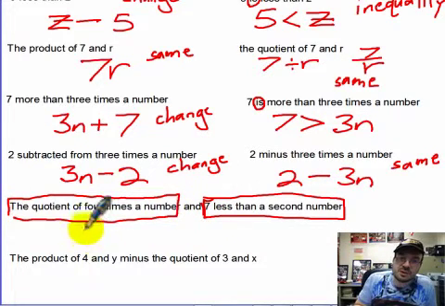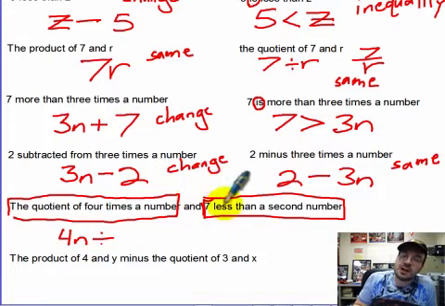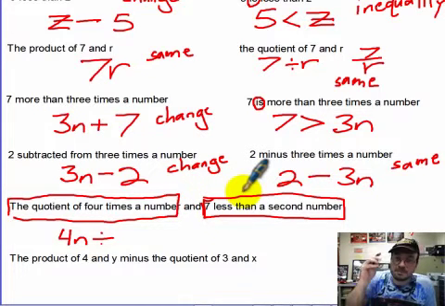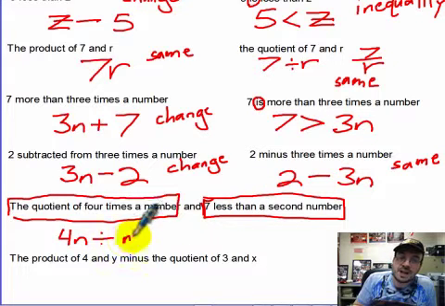So whatever these two things are, I'm going to divide them. So I'm going to put a division symbol. And it says the quotient of 4 times a number. So 4 times a number, you could say 4n, or you could do 4x, whatever you want. And then here I have 7 less than a second number. So I need to use a different letter. I'm going to use m, and 7 less than that, I would subtract 7.